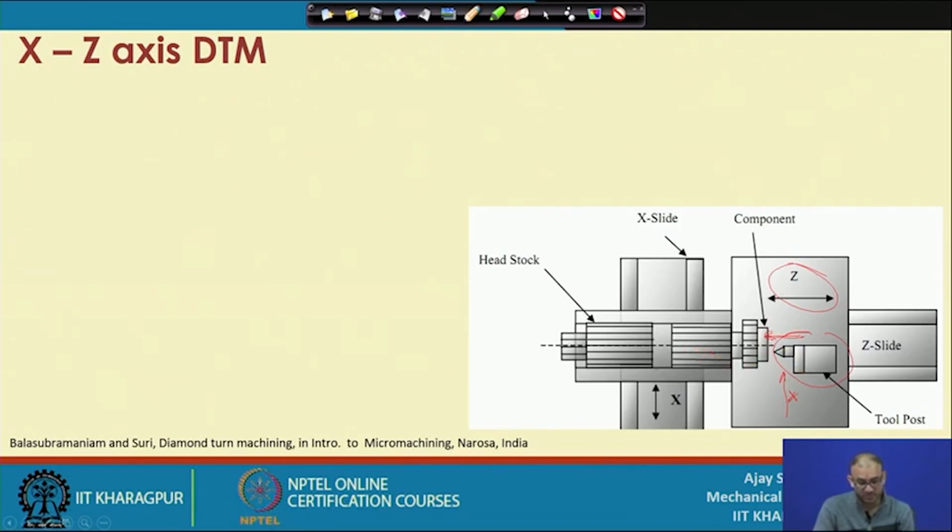But here things are different. Now, you can see here that in the z slide you are moving only the z axis, that means your tool is moving only in z axis, and the whole headstock is moving in the x direction, correct. So, this is what is different from the conventional turning operation. Why is this required?